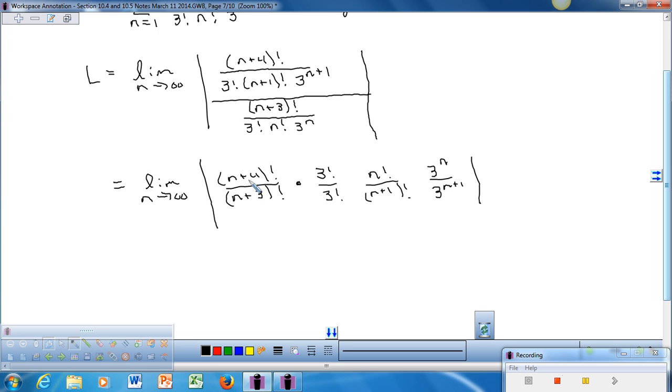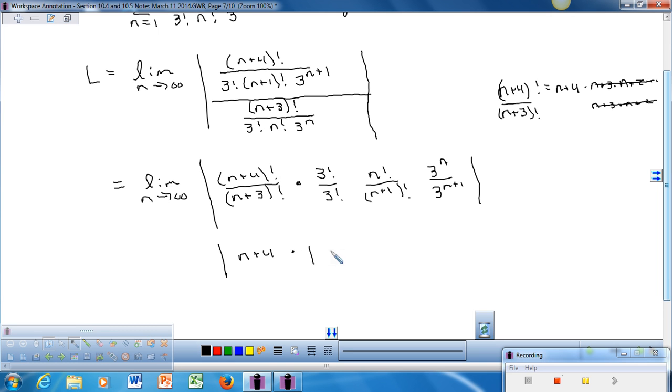So now we need to think a little bit. What is (n plus 4) factorial over (n plus 3) factorial? That's n plus 4 times n plus 3 times n plus 2, and keep going, over n plus 3 times n plus 2, and so on. So everything cancels, and we have n plus 4. 3 factorial over 3 factorial?